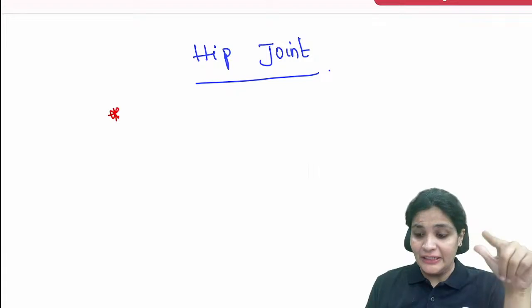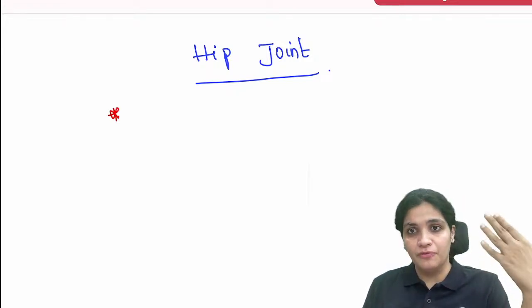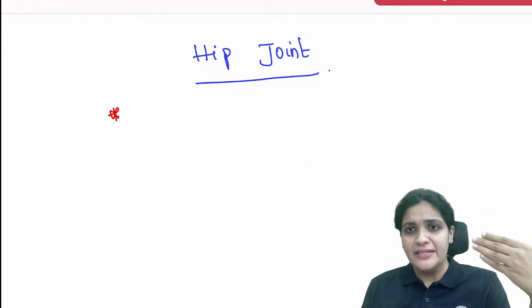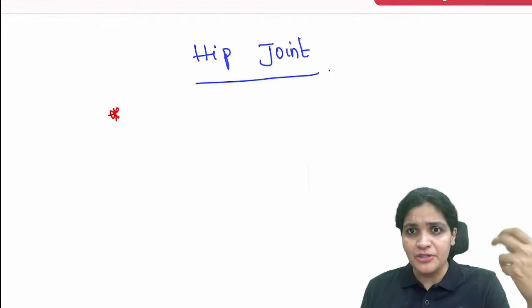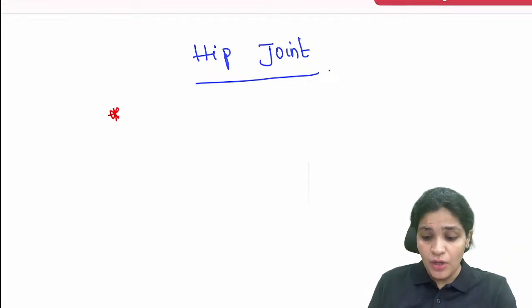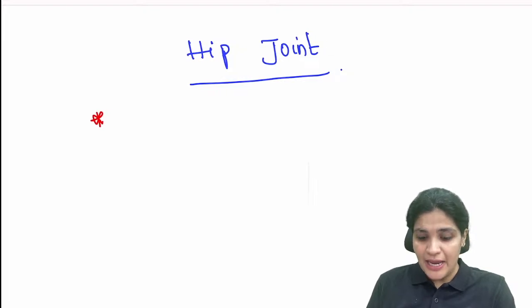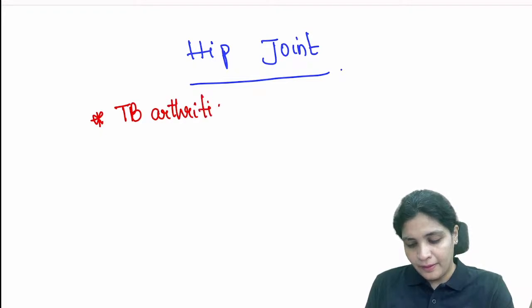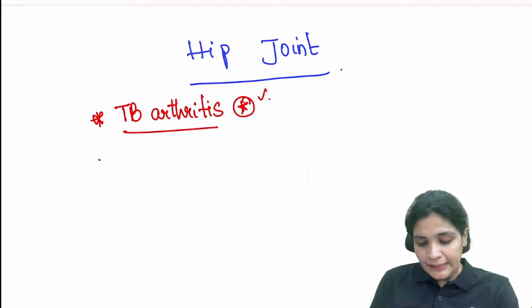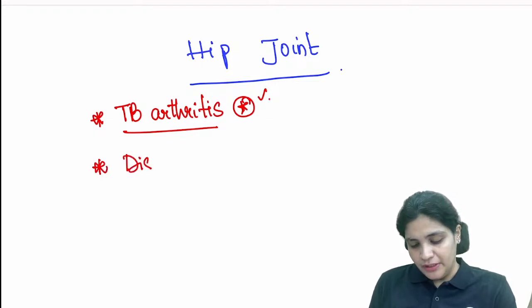But they will ask you in the form of X-rays and various other options, and they can also ask you about instruments. They will show you some instrument and ask where it is usually used. What they ask about is TB arthritis, one of the most important ones, and then dislocation of the hip.